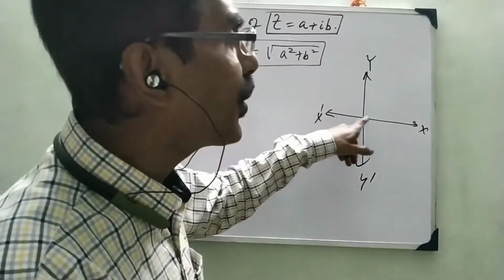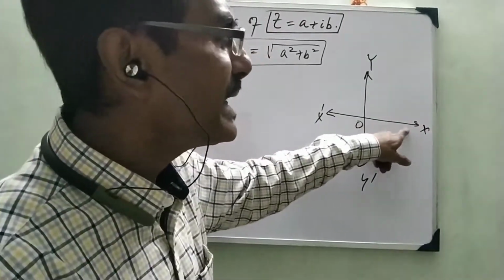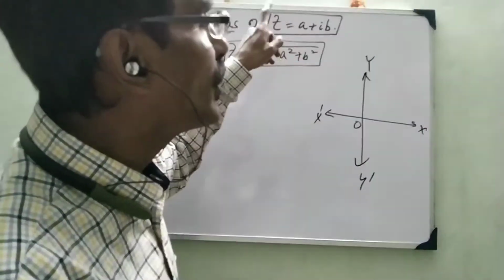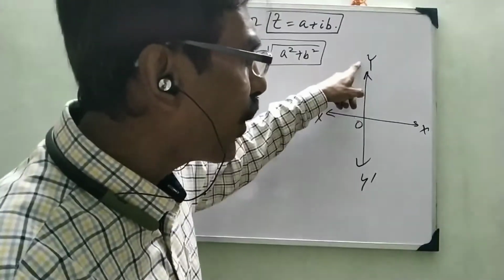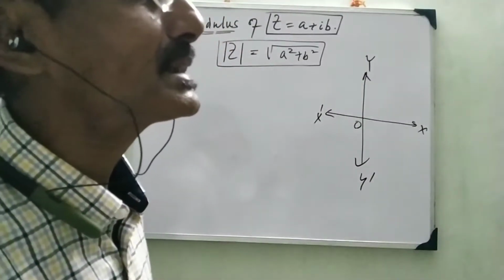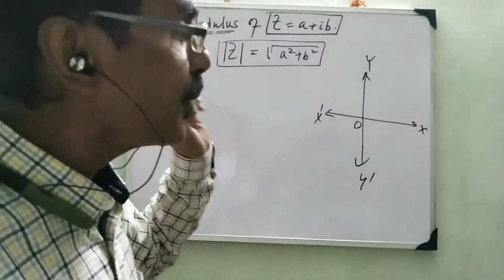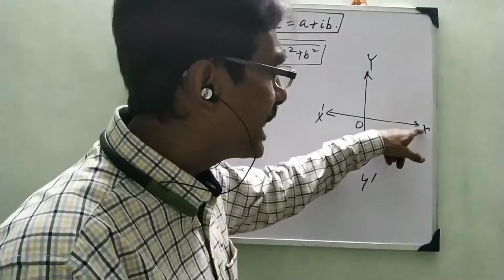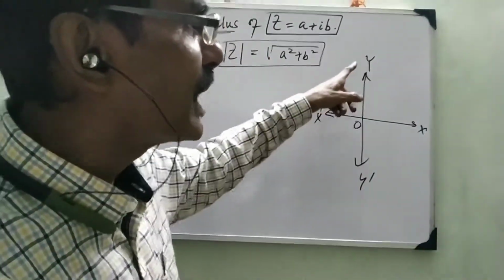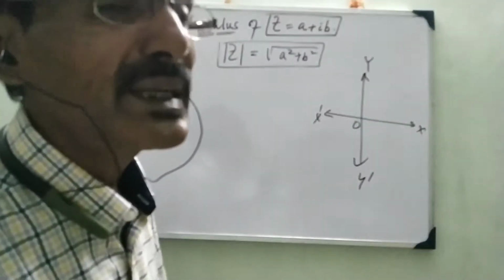Actually, all the points on x-axis are purely real part and all the points on y-axis are purely imaginary part. So, in short, you remember x-axis is the real axis, y-axis imaginary axis.